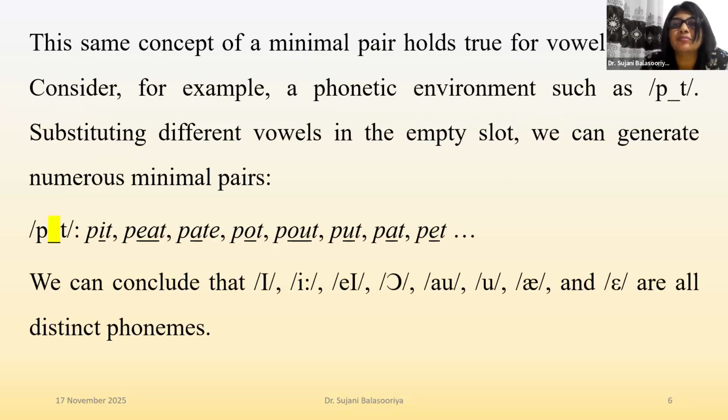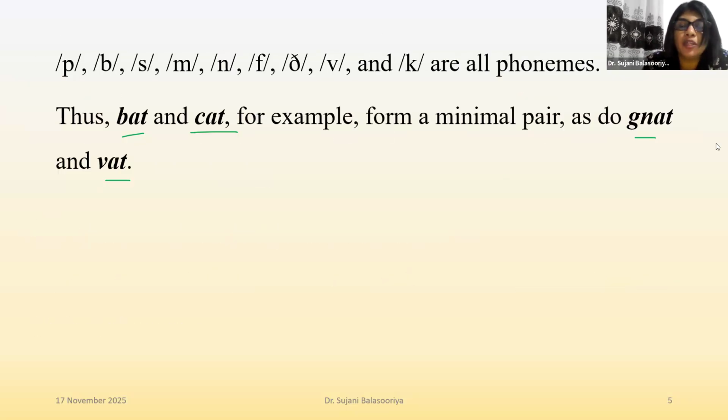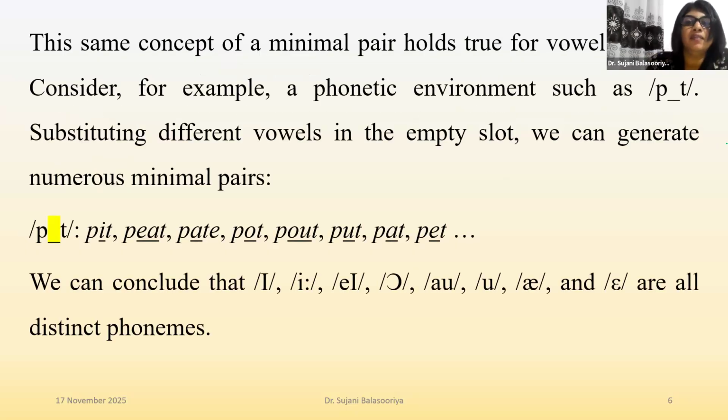Well, and now earlier we were talking about consonants, right? In minimal pairs, how we can understand consonants as phonemes. And we can do it in relation to the vowels also, right? Now, for example, here, the phonetic environment is given like this. This is the phonetic environment. First consonant is p, last consonant is t.